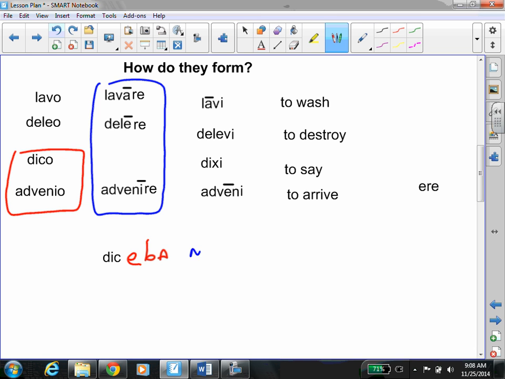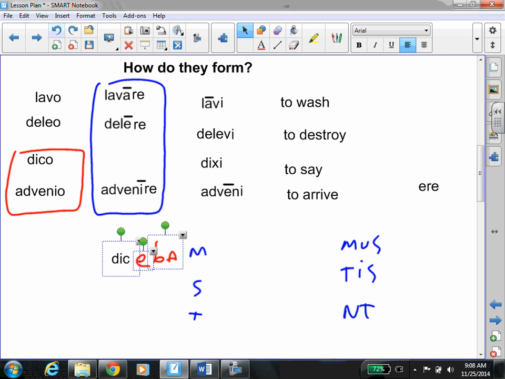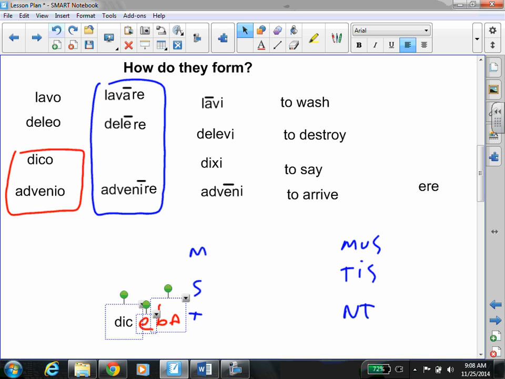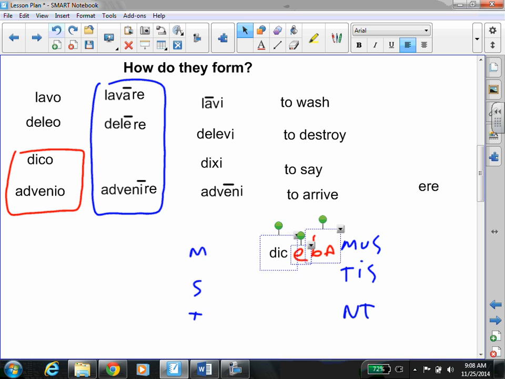But then I can add my M, my S, my T, my mus, my tis, and my nt to create my other persons. So I have this guy, dicebam. That would be I was saying. Dicebas, you were saying. Dicebat, you, he, she, or it was saying. Dicebamus, we were saying.